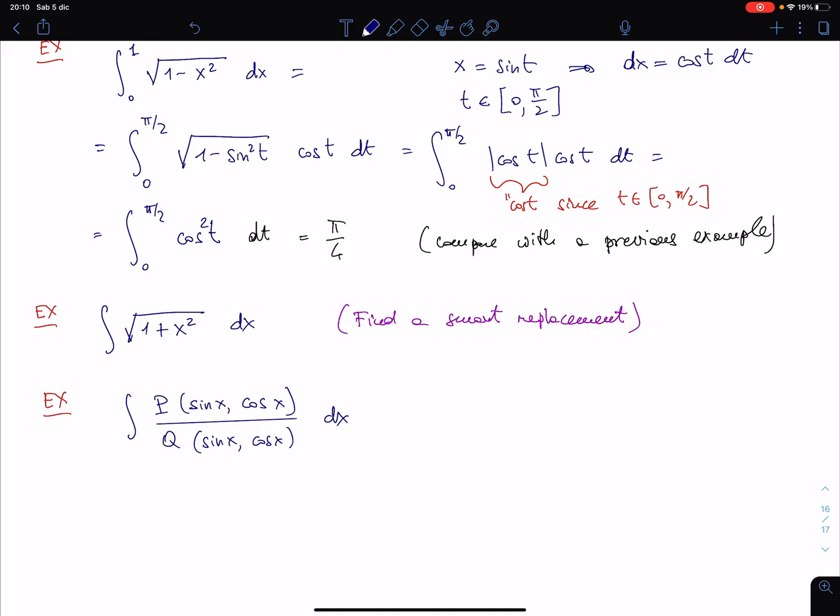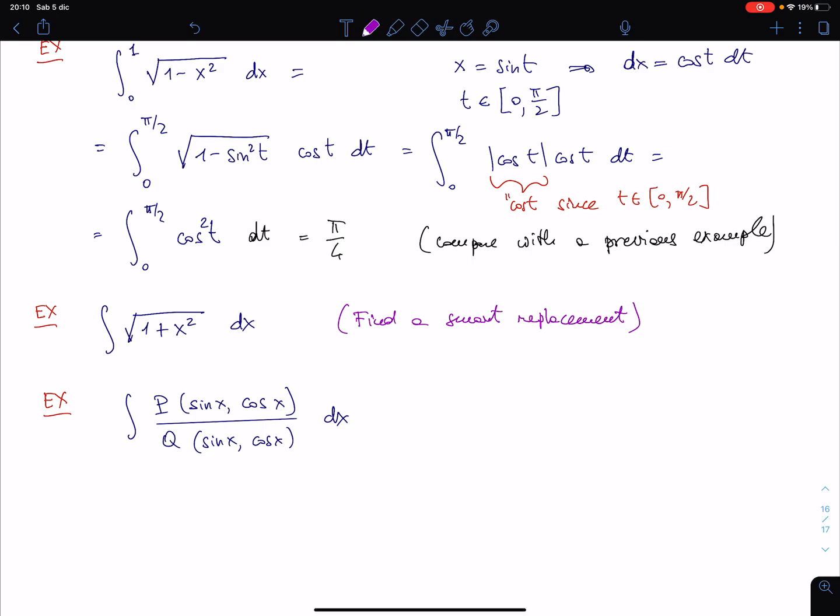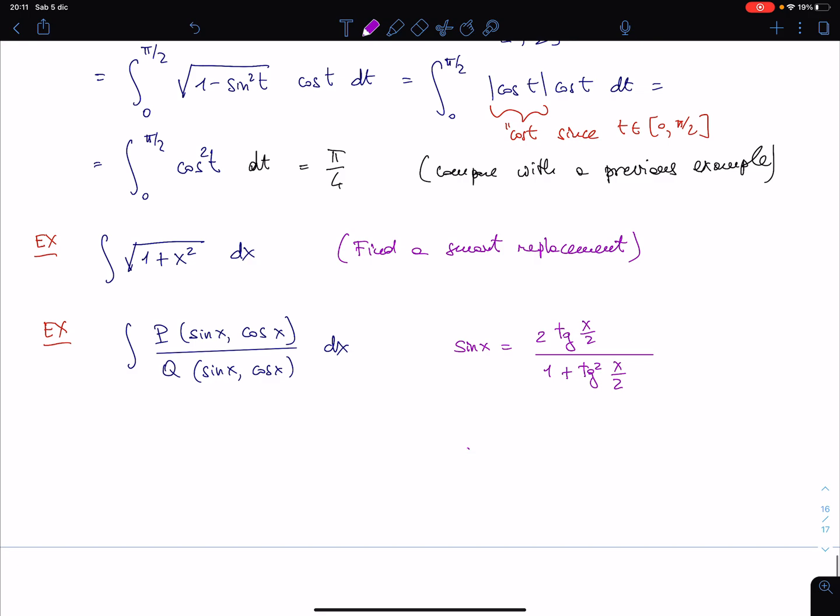And here the most automatic algorithmic way to do that is to write the so-called parametric formulas, I don't know why they are called that, which say that sine of x is equal to 2 times tangent of x over 2 divided by 1 plus tangent squared of x over 2, and cosine of x is 1 minus tangent squared of x over 2 divided by 1 plus tangent squared of x over 2.